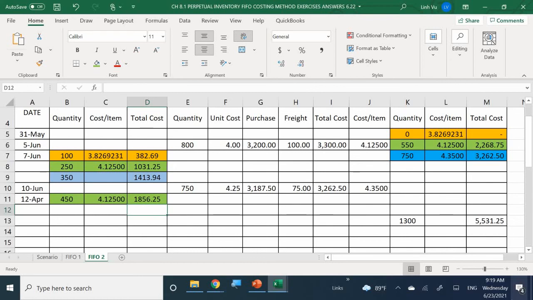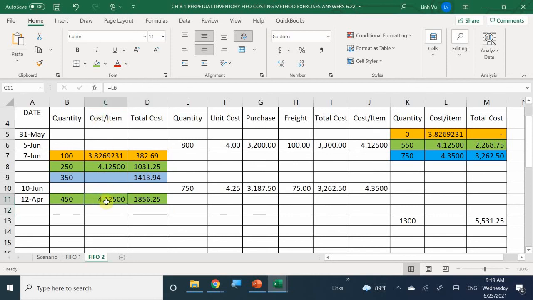Did you get that? Well, I think you were off. So it's 450 times, rounded up would be 4.13, right? We're not rounding the cost per item.